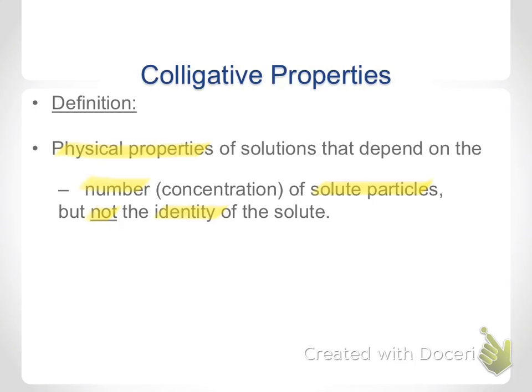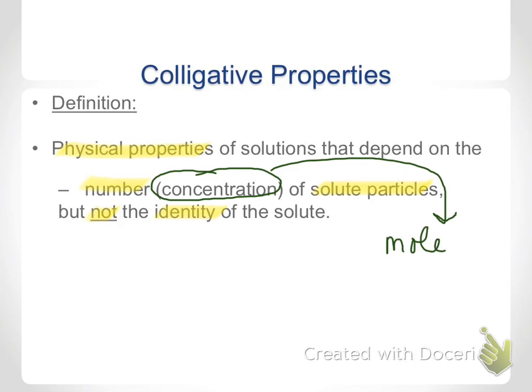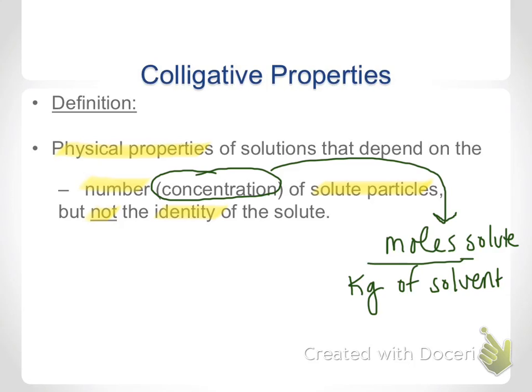And concentration in this particular sense for colligative properties, they don't use molarity for some reason. They use instead the number of moles of solute per kilogram of solvent, and that is known as molality, as opposed to molarity, which is moles of solute per liter of total solution.